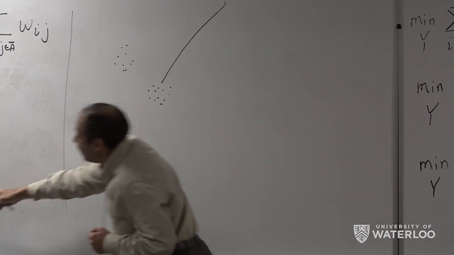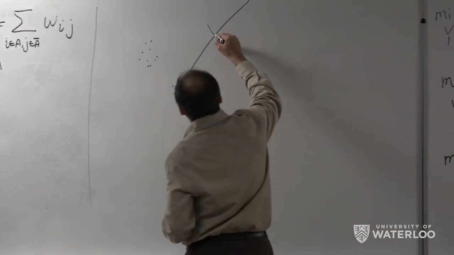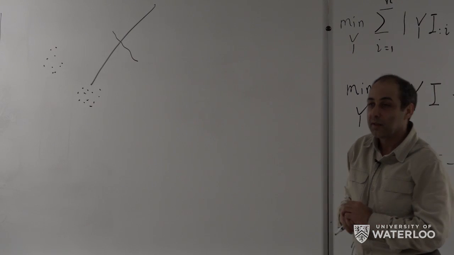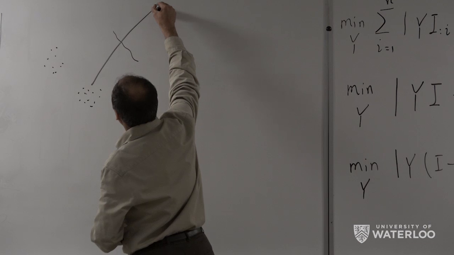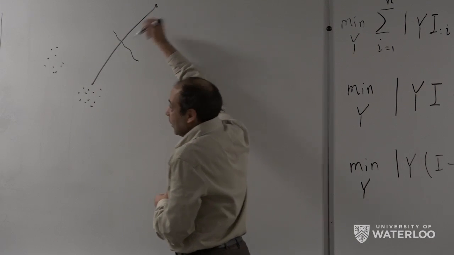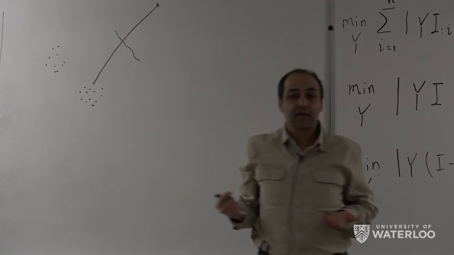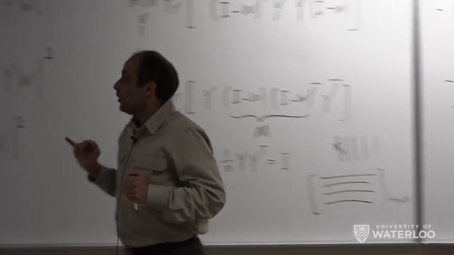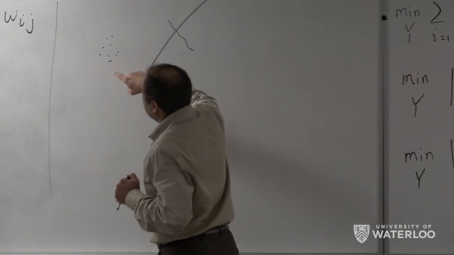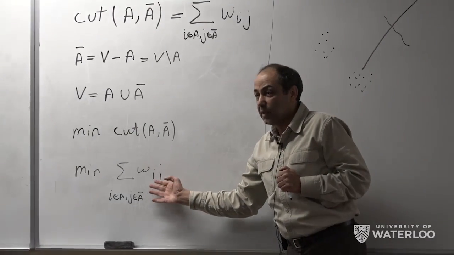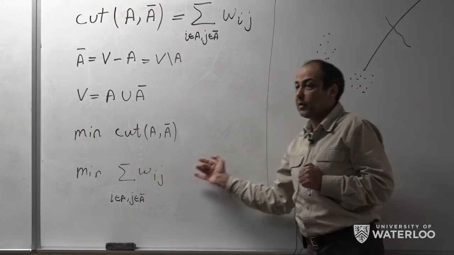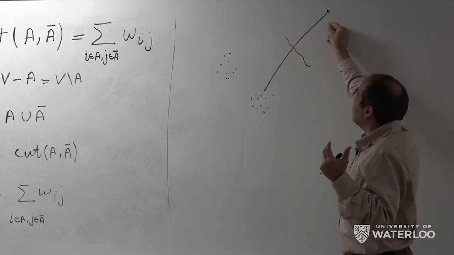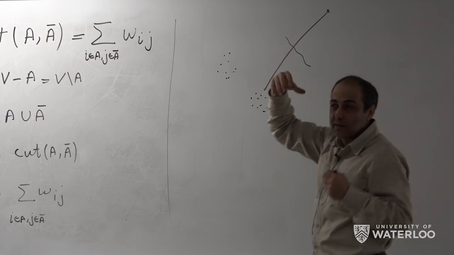So if you want to minimize this cut function, the optimal solution would be to cut just this one and decide that this single point is in one set A and the rest are in A bar, for example. So if your task is clustering, this optimization doesn't lead to a good clustering because it can result in a very unbalanced cluster.